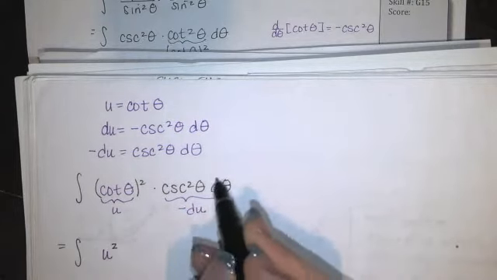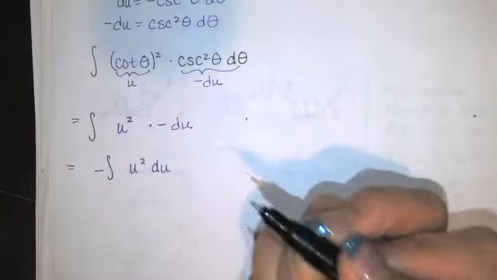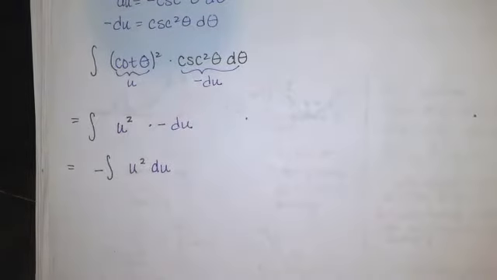And then this piece is replaced by a -1 times du, and that negative can be pulled out front. And so now we have the integral of u squared with respect to u times -1.